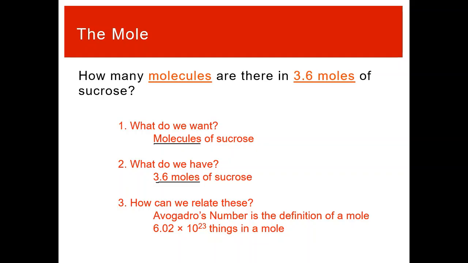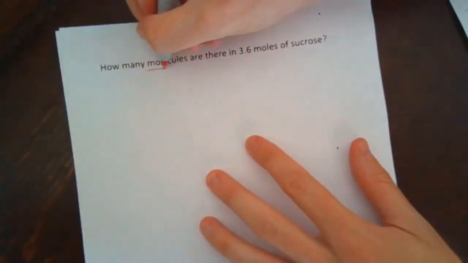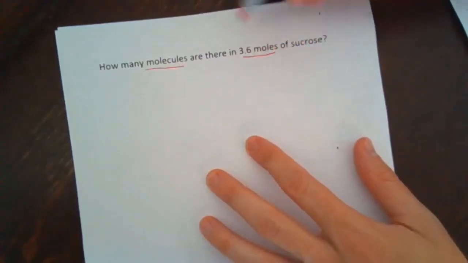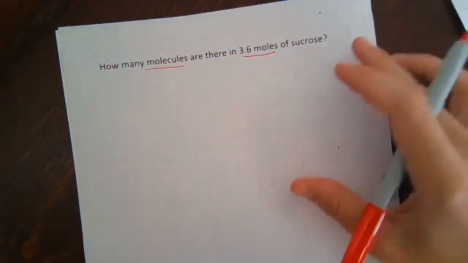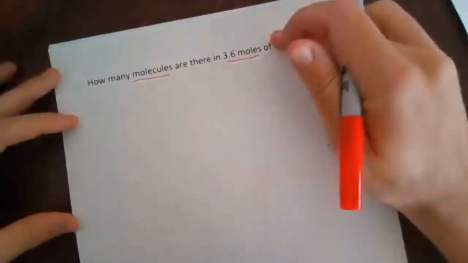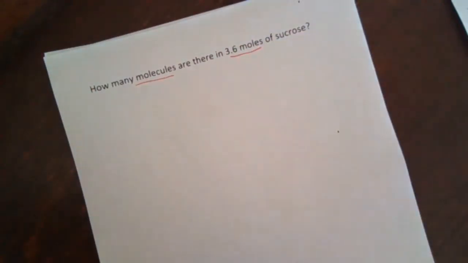So let's go ahead and see what it looks like when we actually work it out. How many molecules are there in 3.6 moles of sucrose? So we know we're looking for molecules, and we have moles. Okay. So if we want to set that up, we're starting with our 3.6 moles. Let me switch colors.